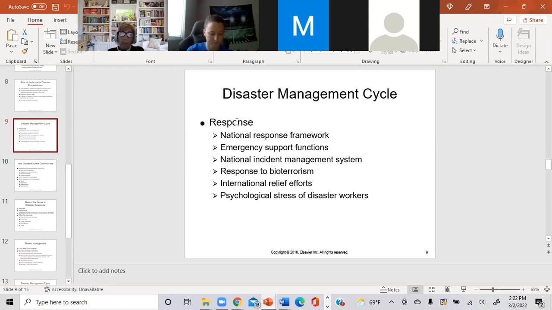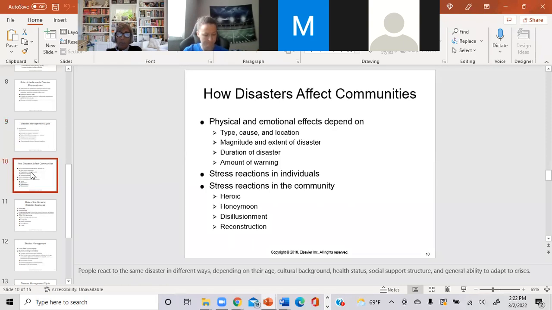Next, the response. So something happens. Here's a bunch of different scenarios. How do disasters affect communities? Physical and emotional effects, stress reactions.